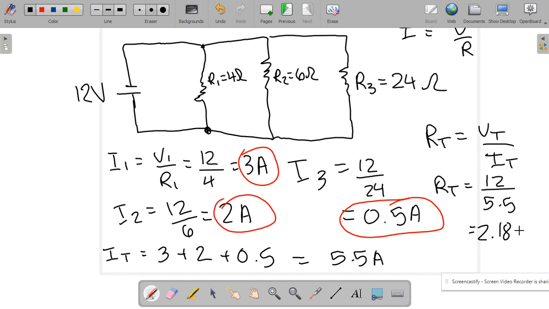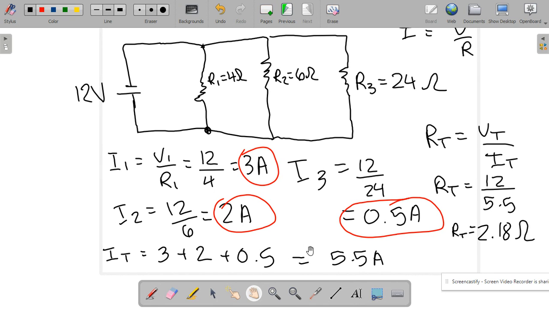I think it repeats, but we'll just leave it as that. So that's our total resistance, 2.18 ohms, which makes sense because 12 divided by about 2 gives us about 6 amps. So that's 5.5 amps. So that seems to work out.